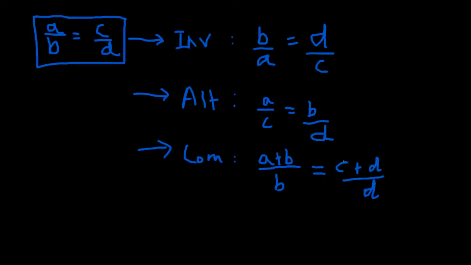That's it. Nothing else. Now the other very important property here is dividendo. What dividendo does is similar, except it does A minus B upon B is equal to C minus D upon D. So you're just subtracting the denominator.